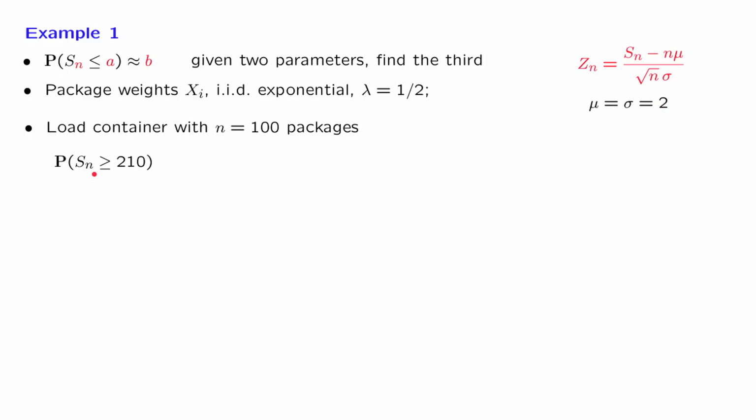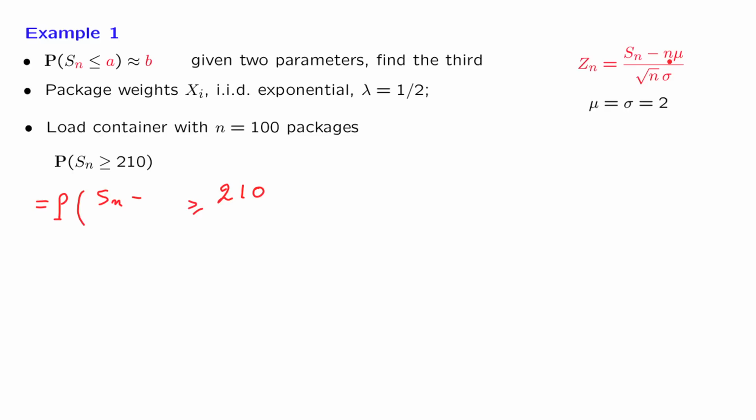Then the next step is to take this event here and rewrite it in a way that involves this random variable. So what we do is that we take the original description of the event, subtract from both sides of this inequality this number n times mu.